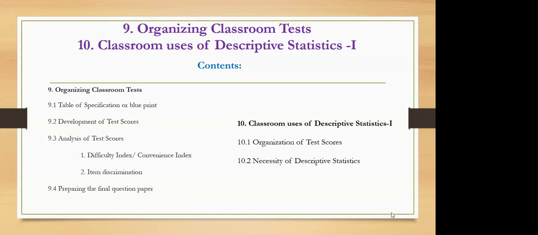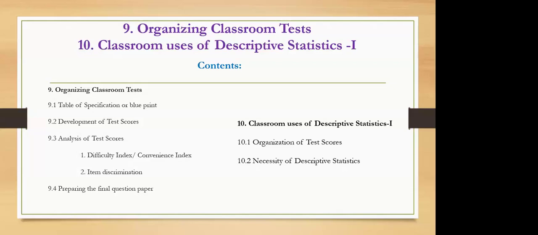Okay, then today we are going to talk about, under organizing classroom tests, the table of specification or blueprint. We did it in the previous lesson also, but here we also discuss that. Then development of test scores and analysis of test scores.